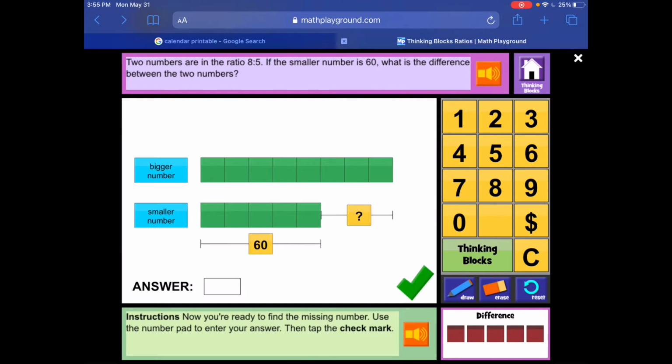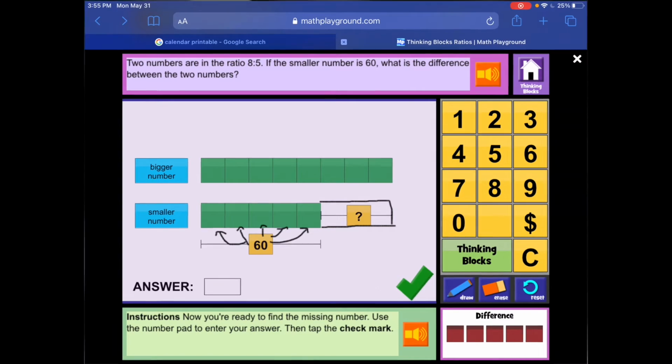Okay, so I'm going to use my drawing tool here. I'm trying to find how much goes in this space here. In order to do that, I can see that 60 is the smallest number, and it gets split into 1, 2, 3, 4, 5 blocks.